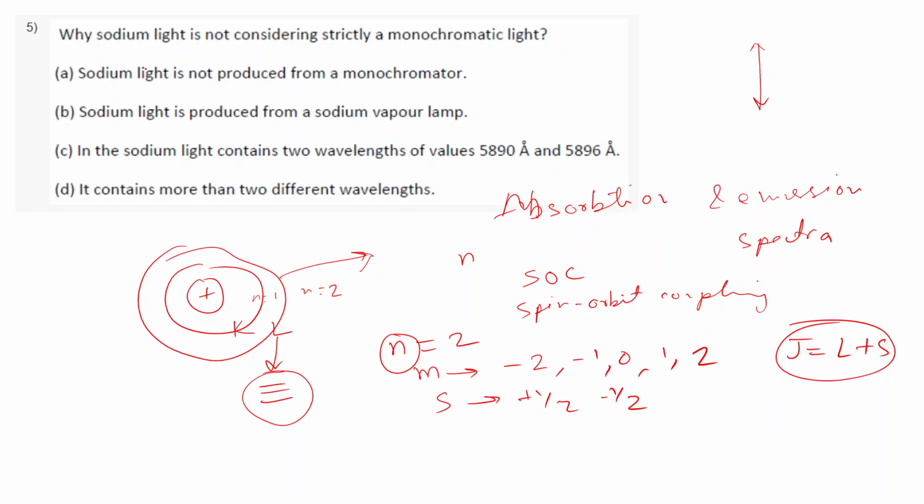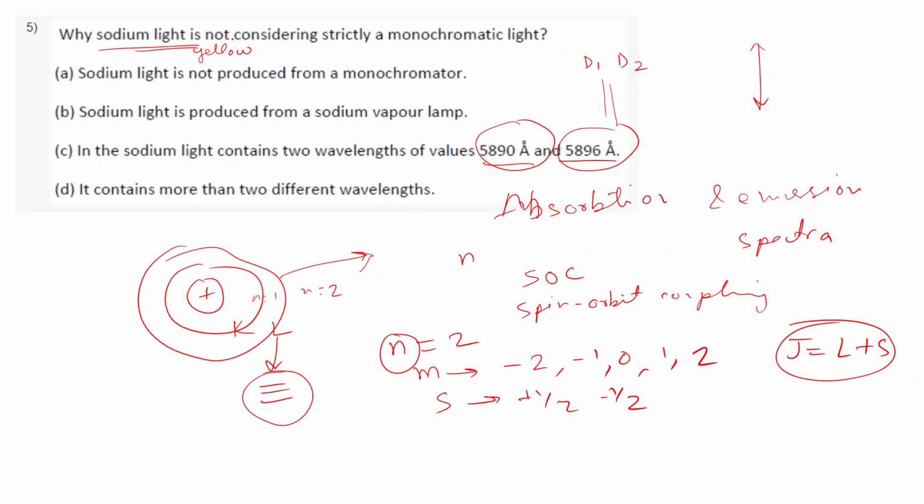The same thing happens for sodium light, which we see as yellow, but when it was explored, it was observed that two very close lines are there, which we can see when we use a good resolution telescope. We call them the D1 and D2 sodium wavelengths. One is 5890 angstrom, another is 5896 angstrom.